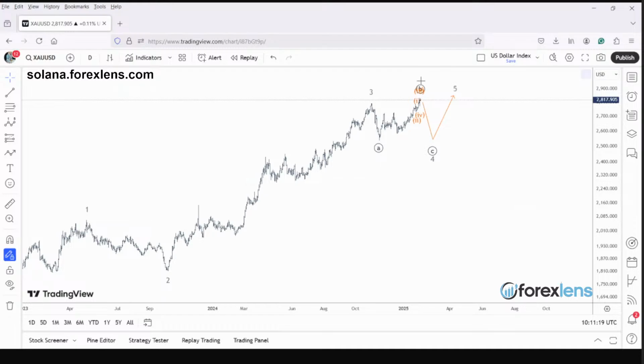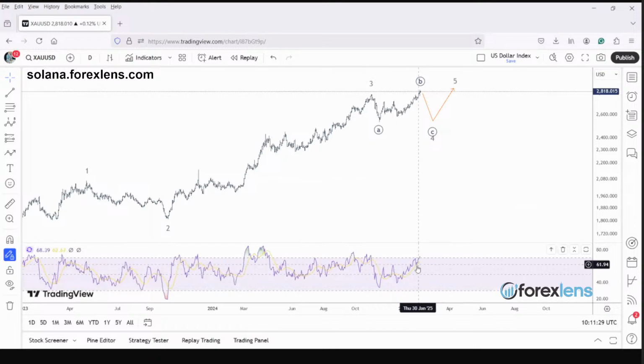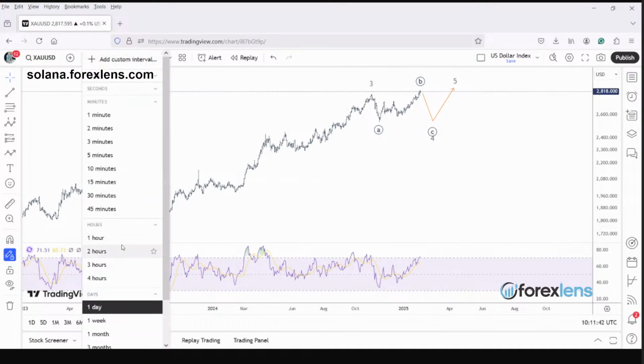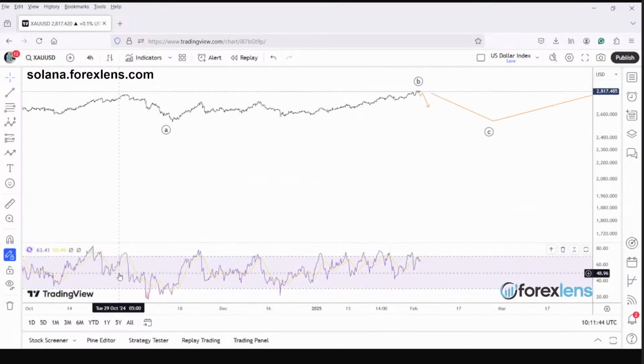Ideally, looking at the RSI, it is looking quite a bit stretched, and wave B could be just in the making. You can see here, daily chart just managing to carve a new high, which is just about okay, but it's not a huge degree yet, actually. If you look at the 4 hour time frame, maybe we can catch up with a divergence scenario here.